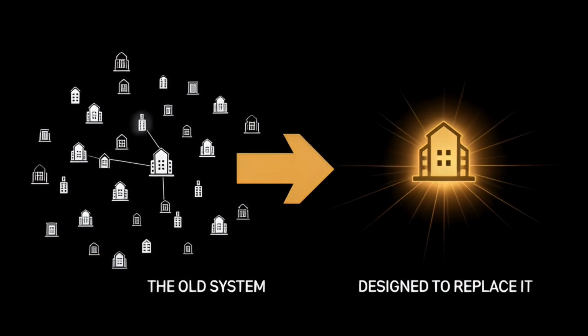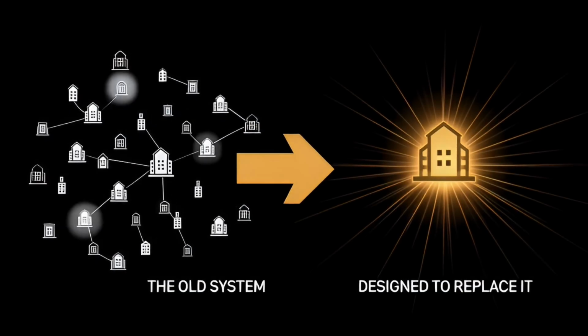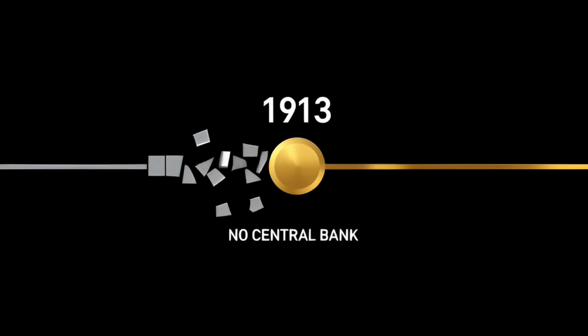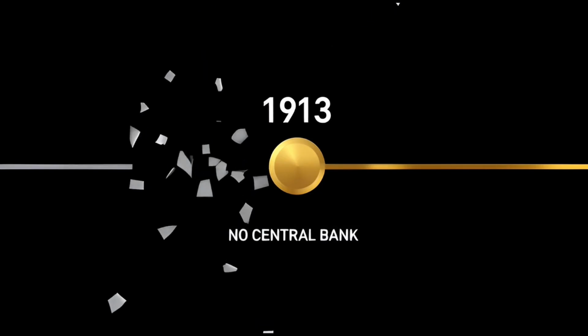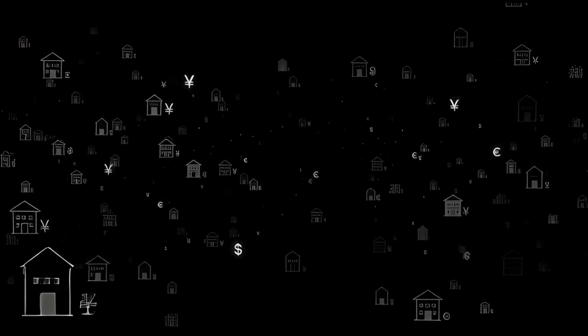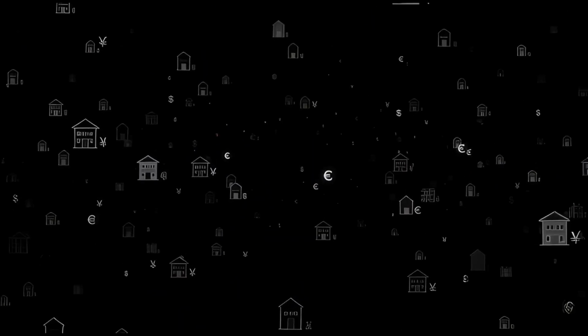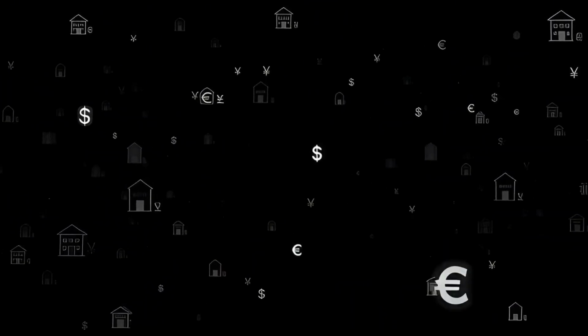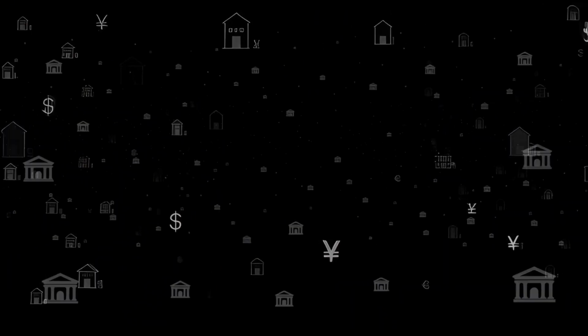To understand what the Federal Reserve actually is, it helps to understand what it was designed to replace. Before 1913, the United States had no central bank. It had a fragmented, decentralized banking system where thousands of individual banks operated under different rules, issued different currencies, and had no coordinated mechanism for responding to financial stress.